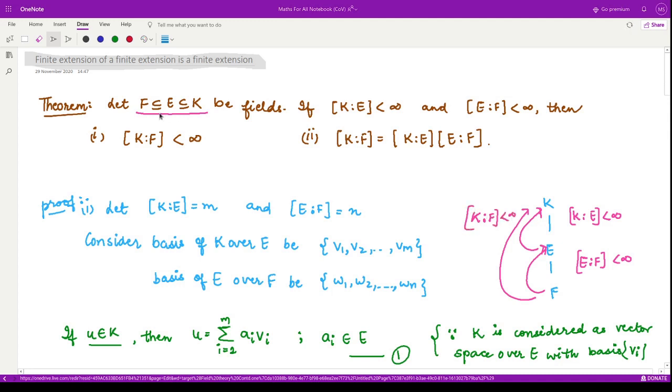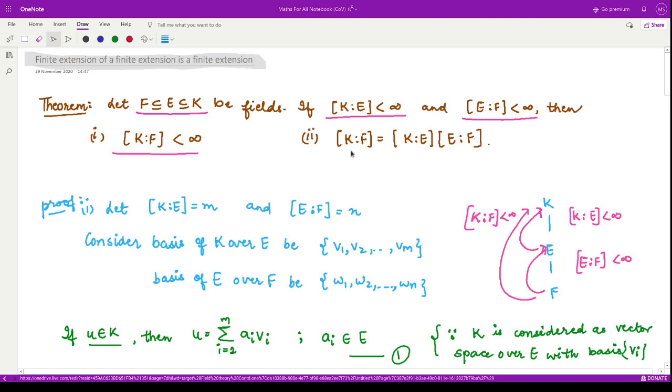So this result says that let F be contained in E, which is contained in K, these are the fields, and if the extension K over E is finite and the extension E over F is finite, then the extension K over F is also finite.